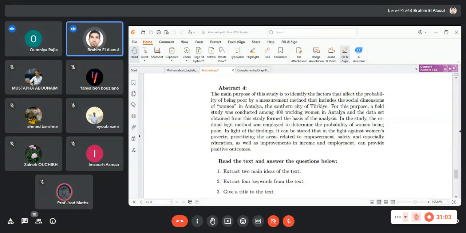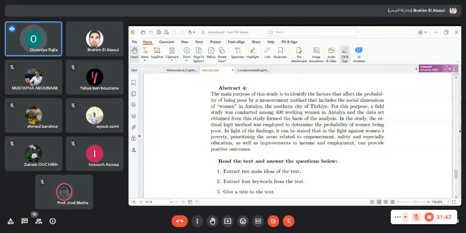For example, Antalya is a very strong keyword because we talk about the place. The logit method is a powerful keyword because it is a method that is already known by a lot of people.